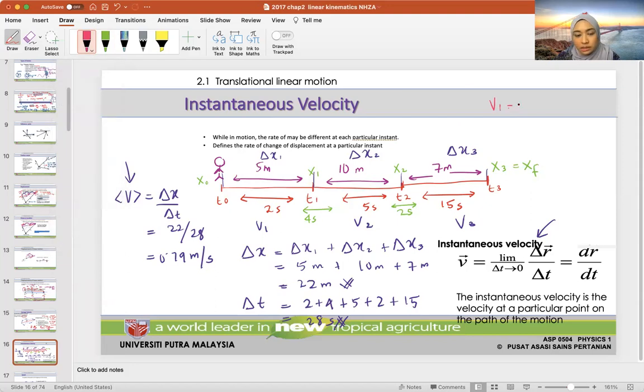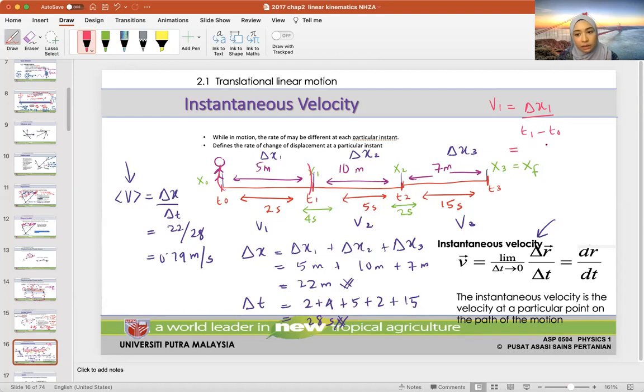Okay, V1 is equal to delta x1 over T1 minus T0. Ini adalah velocity Fatihah in this section only. And because this section, the duration of time is smaller compared to the total duration of time, we can say this is the instantaneous velocity of Fatihah from T0 to T1.